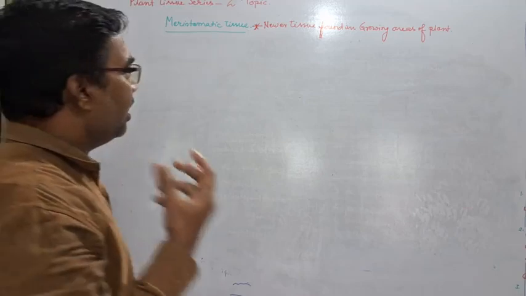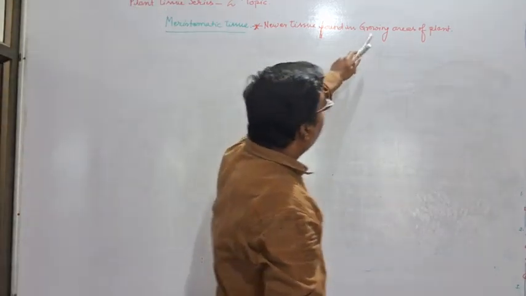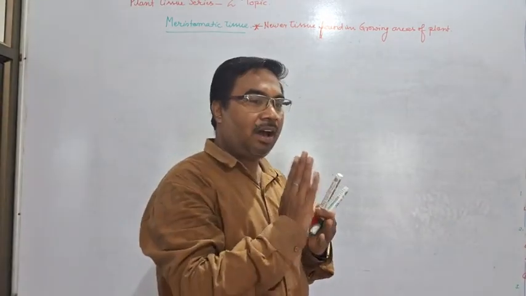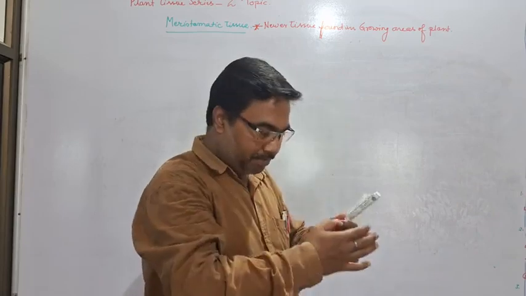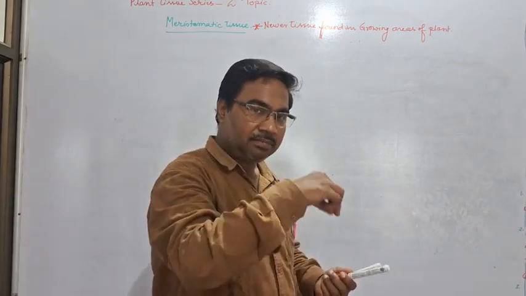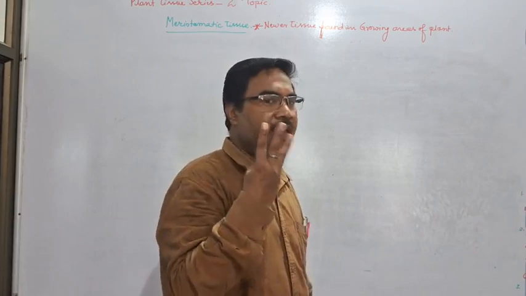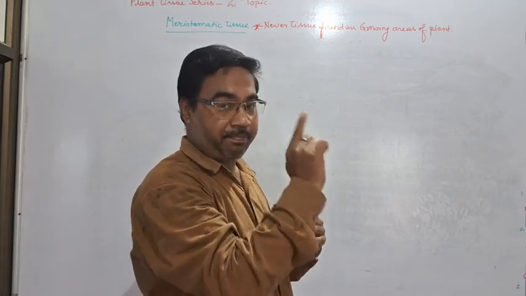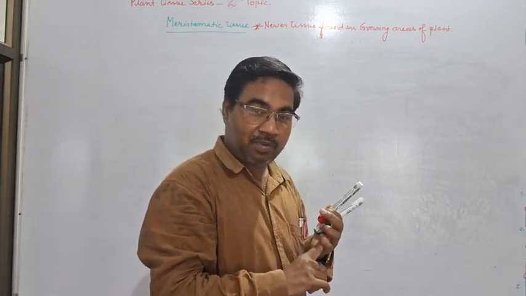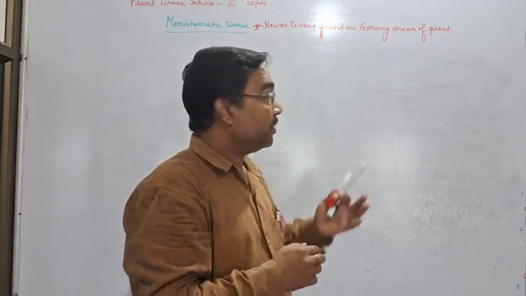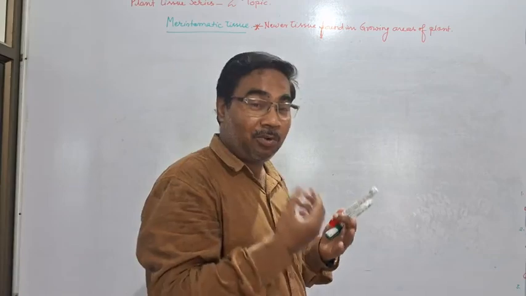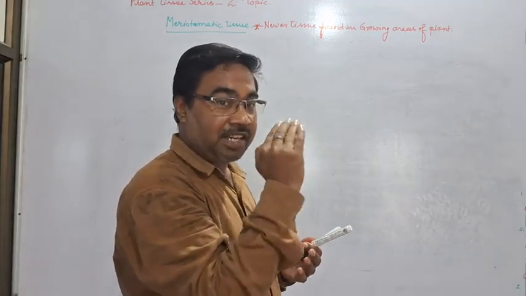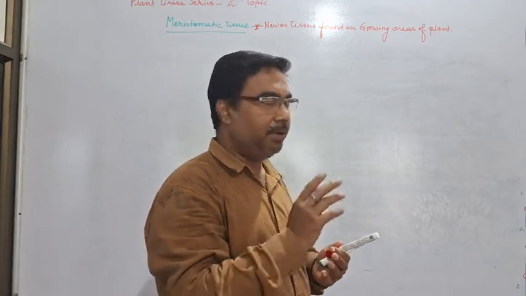If you start to think about what the growing areas of the plant are, generally plants grow by the tip, by the lateral side, or some by the nodal areas. So three areas are the growing points. First is the tip, where the apical meristems form. Tip means apical meristematic tissue will be found there.